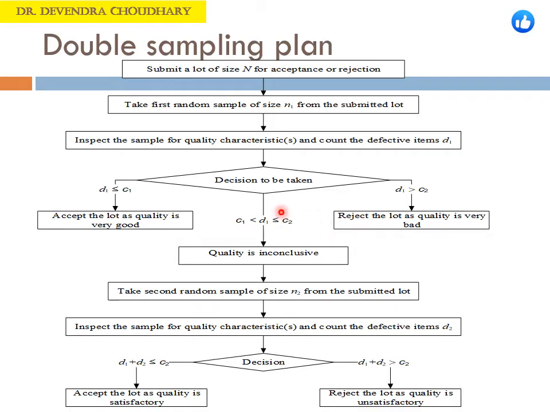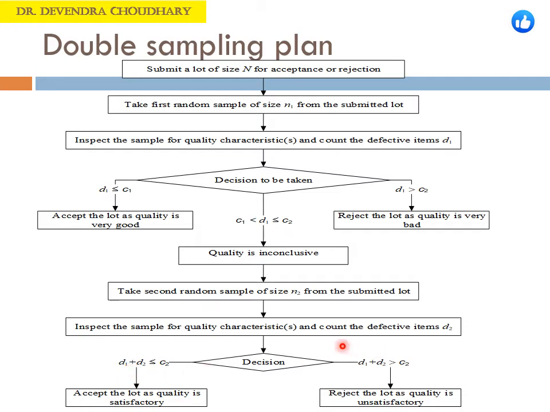And if the first sample is neither good enough nor bad enough, that is, the results of the first sample are inconclusive, then a second sample of size n2 is drawn randomly from the lot, and the acceptance or rejection decision is based on the evidence of the first and second samples combined.